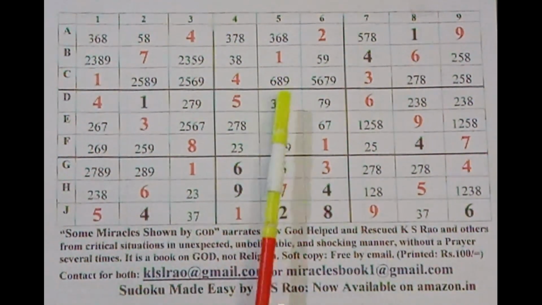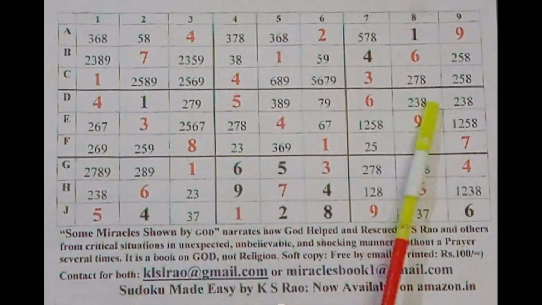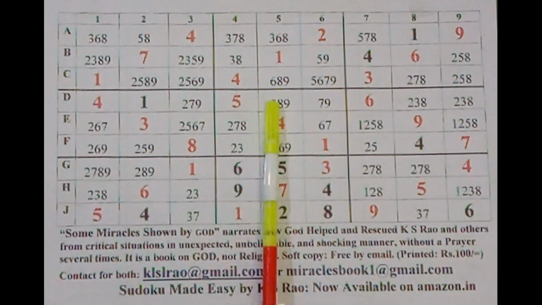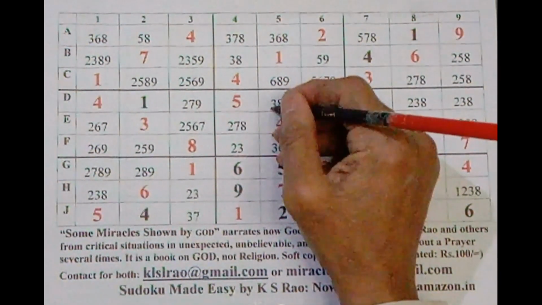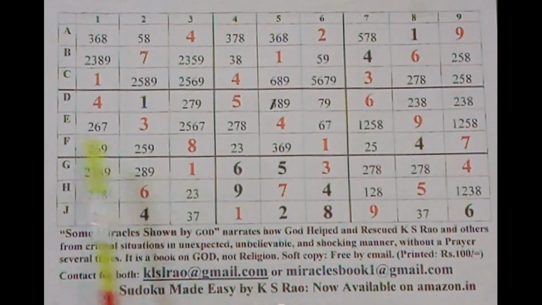This 3 gets eliminated and deleted in this method also. To this box and this box, this 3 is eligible to get deleted. So let us delete it. Okay, that 3 goes, and what happens?